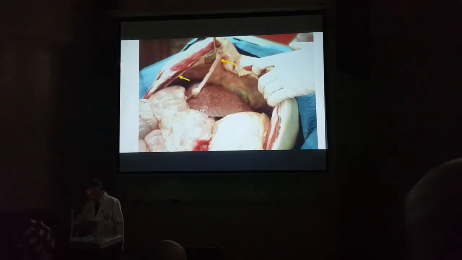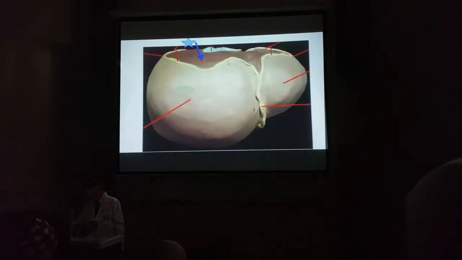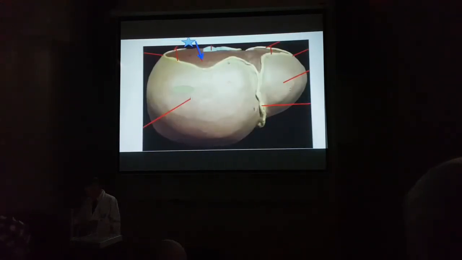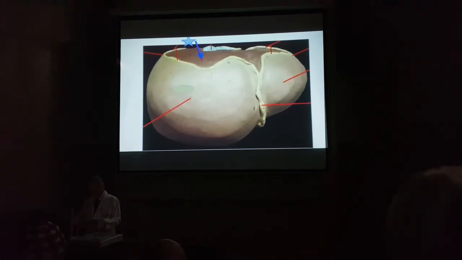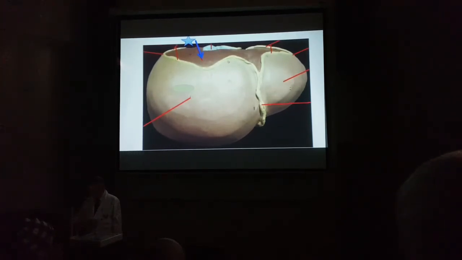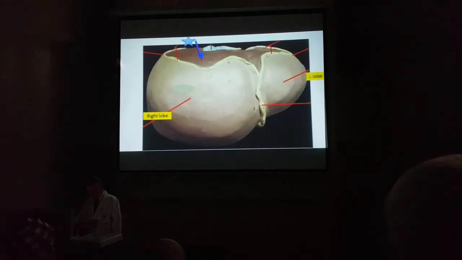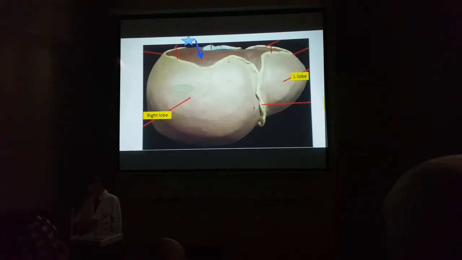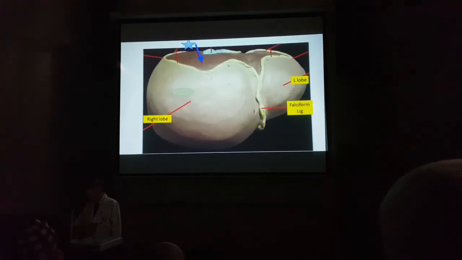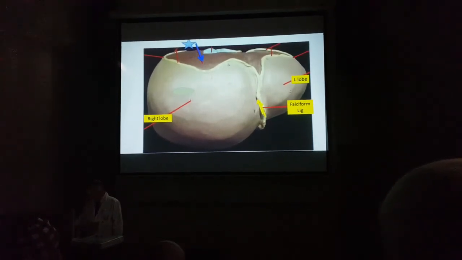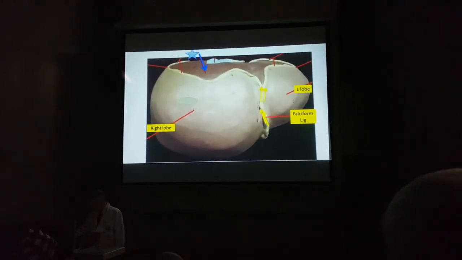Parietal peritoneum, falciform ligament. This is the liver. Spaces and peritoneum of the liver. Right lobe, left lobe. The falciform ligament, which we have just seen, is 2 layers of peritoneum. They split.